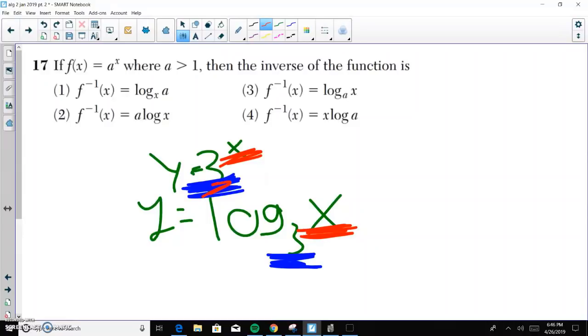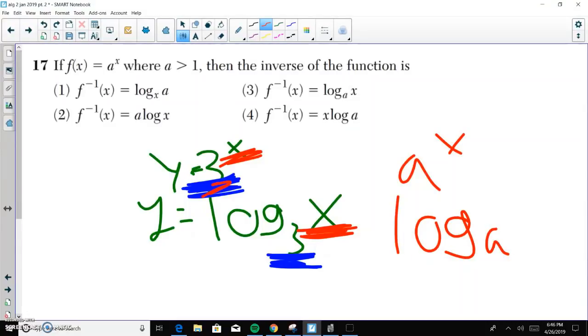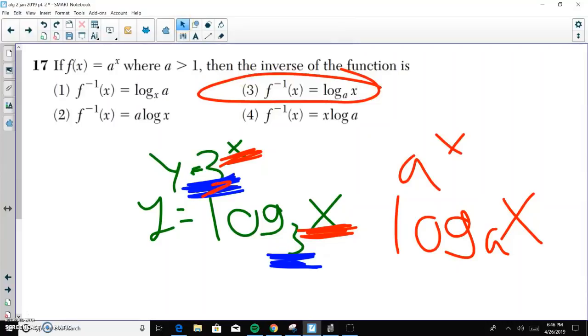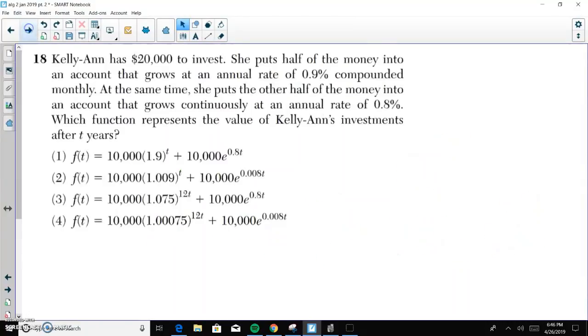So a to the x. Well, if we're using this formula, the inverse is log base a of x. So choice 3 is going to be your correct answer. Alright.